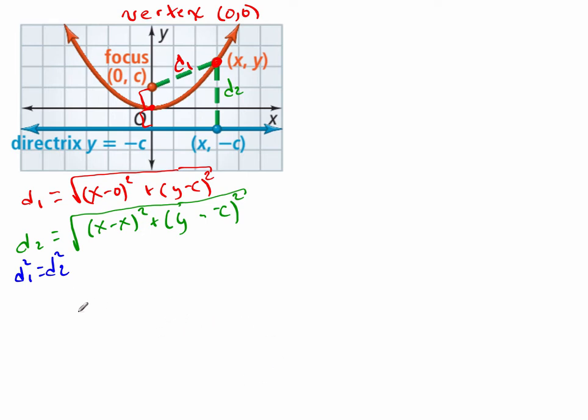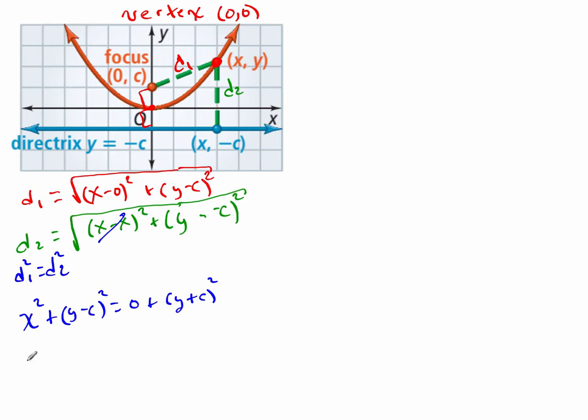Because if d1 is equal to d2, d1 squared is equal to d2 squared. So d1 squared is x squared plus the quantity y minus c squared. And this has to equal, that's 0, so 0 plus y plus c squared.